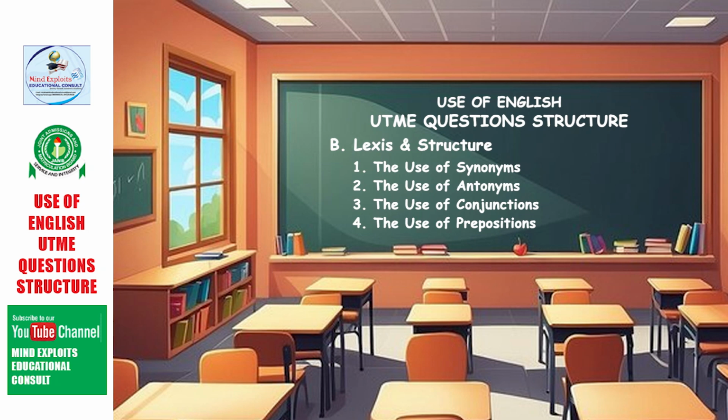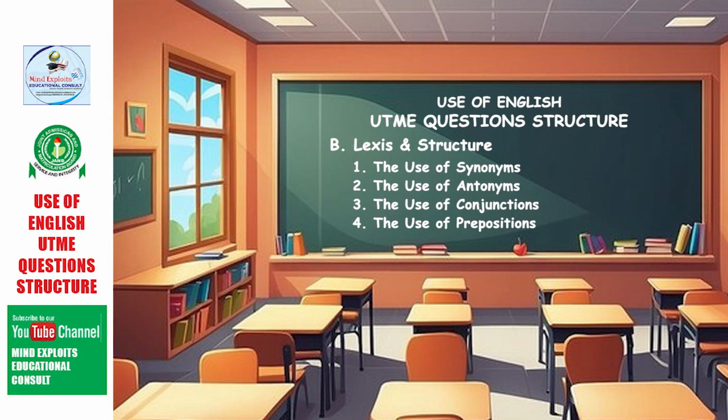We have words that has to do with direction: to, from, up, down, in, out. We have preposition that has to do with time: at 10 o'clock, on Tuesday, during break, before Tuesday, after 6 o'clock. We have prepositions that has to do with manner: by, with, and in.